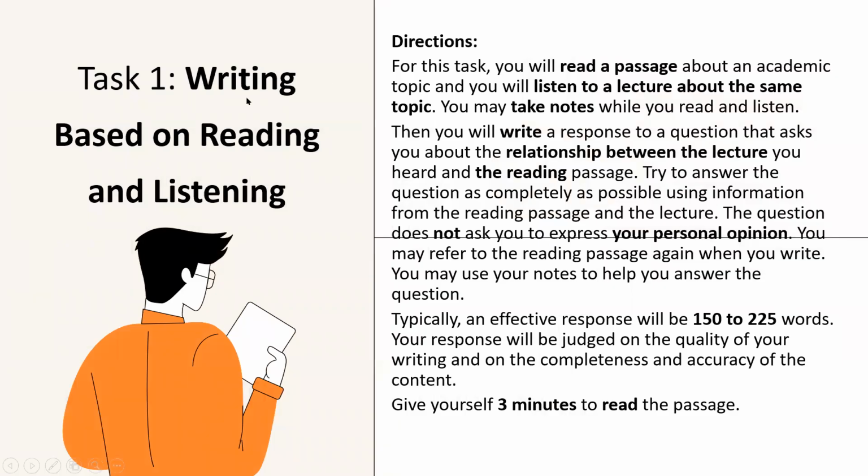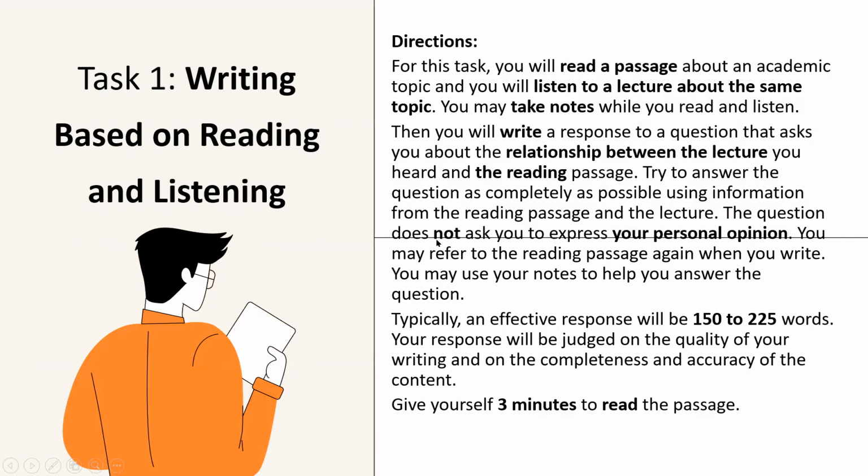Here are the directions for task one. So you will read a passage and then listen to a lecture. You may take notes, and when you write, make sure you explain the relationship between the lecture and the reading passage.